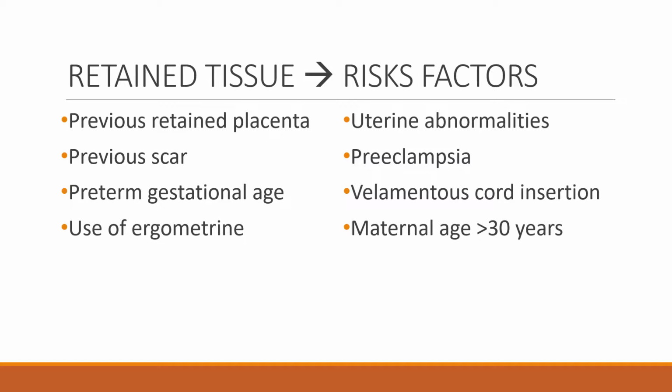The other risk factors are preterm gestational age, use of ergometrine, that we will see at the end of this presentation, uterine abnormalities, all the hypertensive syndromes like preeclampsia, and the velamentous cord insertion. I don't know if you know what it is, but again, this is not the goal of this class.